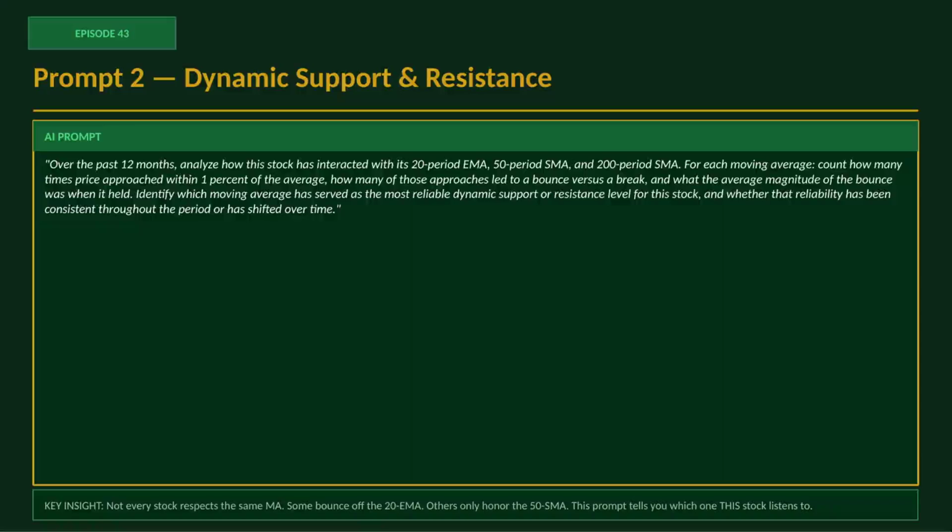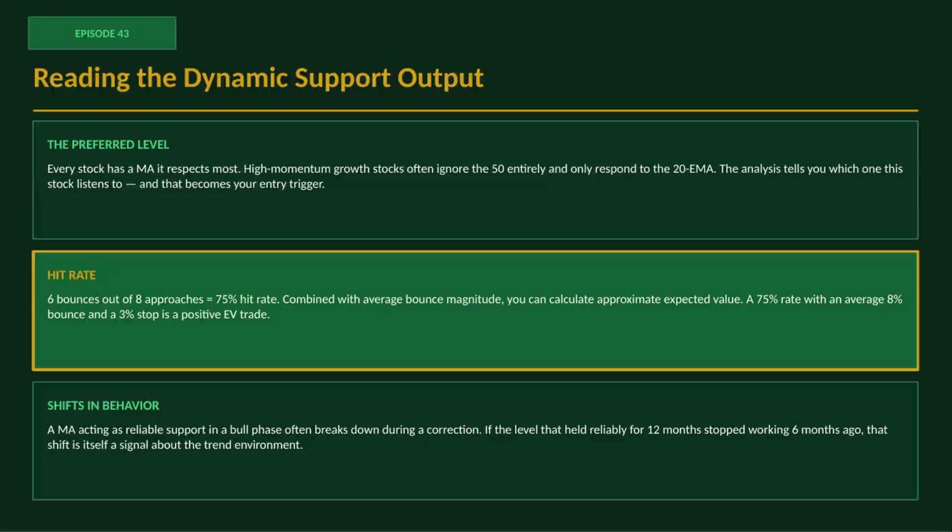How many of those approaches led to a bounce versus a break, and what the average magnitude of the bounce was when it held. Identify which moving average has served as the most reliable dynamic support or resistance level for this stock, and whether that reliability has been consistent throughout the period or has shifted over time.